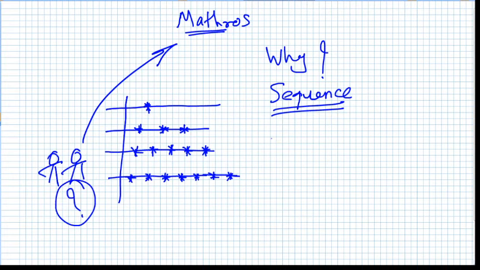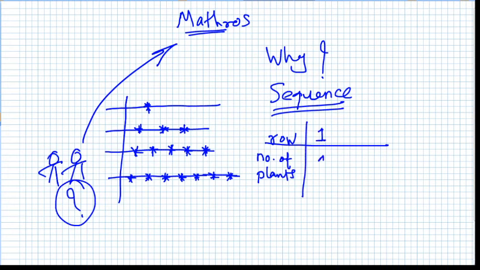How can I represent it? I can take one column as the row, which row it is, and another as the number of plants. So they started with the first row, which they knew was one plant. In the second row, three plants.